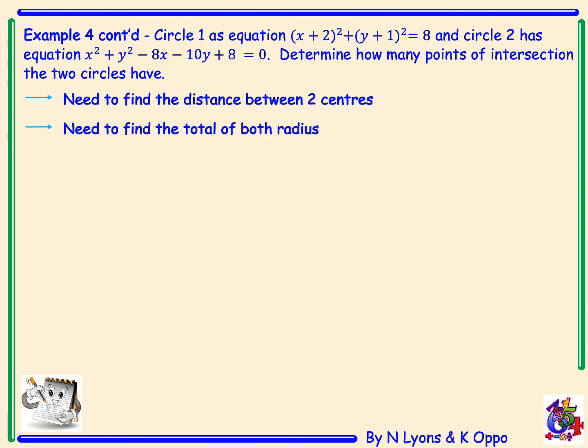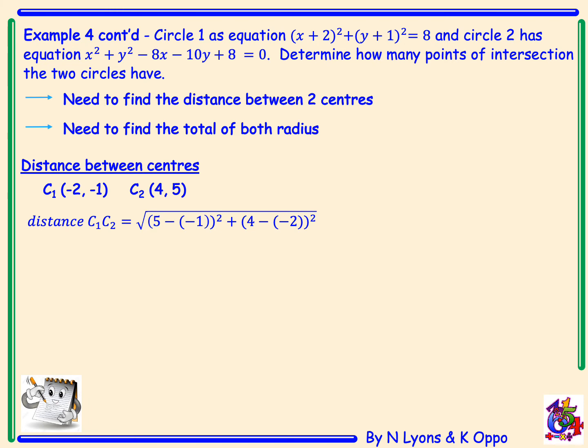Now we need to find the distance between the two centres, and we need to find the total of both radii. So if we look at the distance between the centres, C1 has a centre negative 2, negative 1, and C2 has a centre 4, 5.